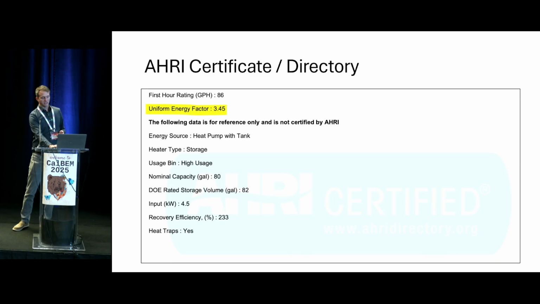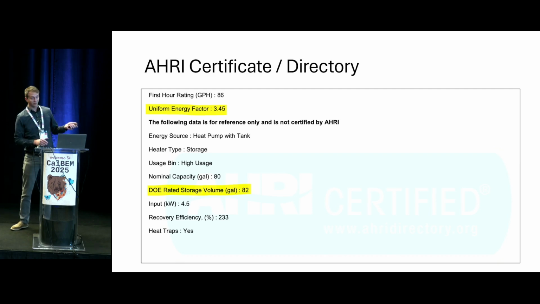The next piece of valuable data here is the rated storage volume. And you'll notice that above that, we have a nominal volume. Quick question here, who knows how many gallons of water a 50-gallon water heater can hold? I bet Jim knows.